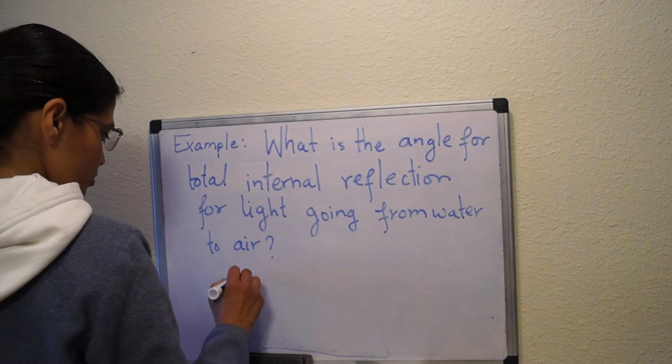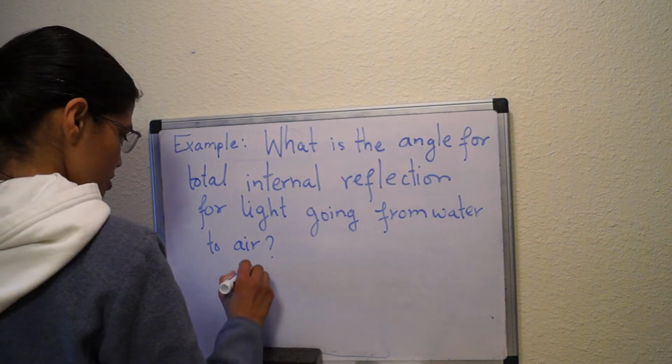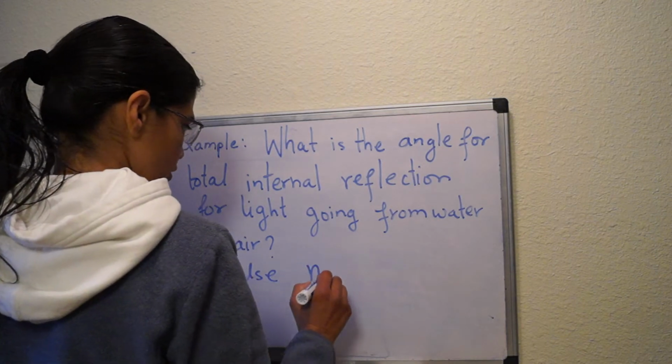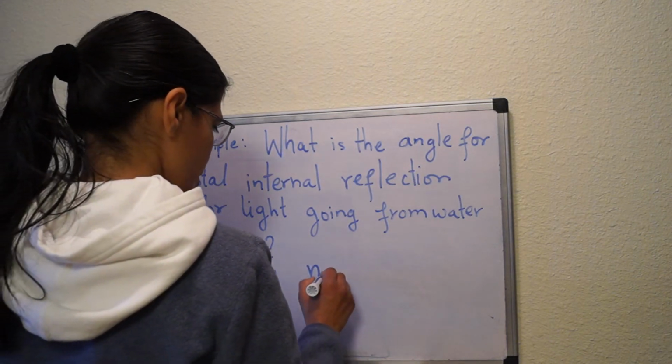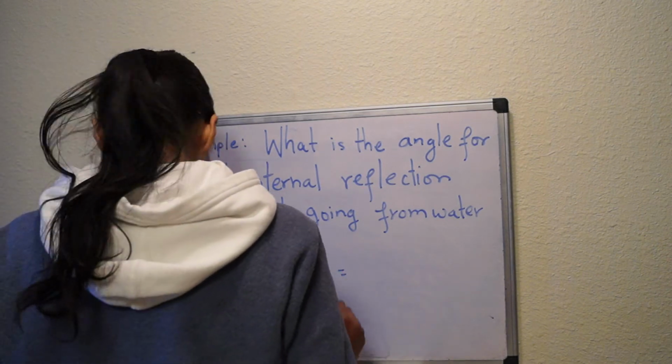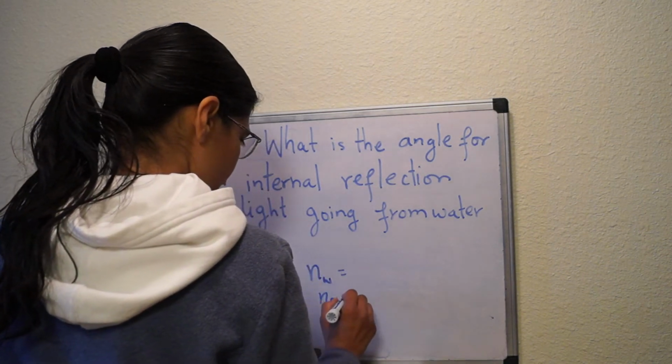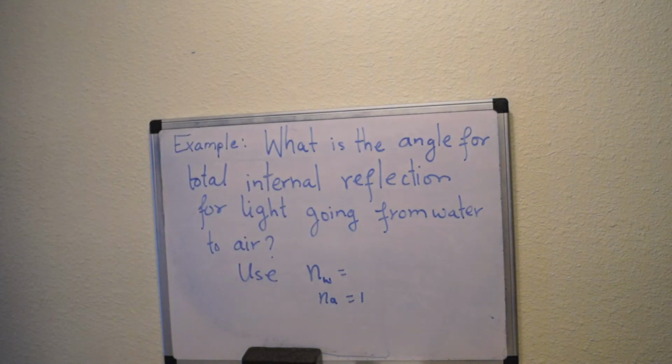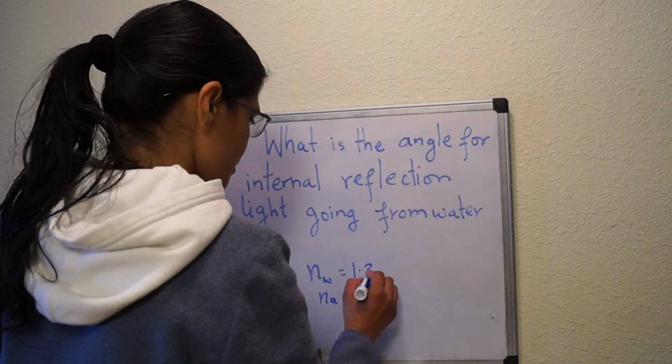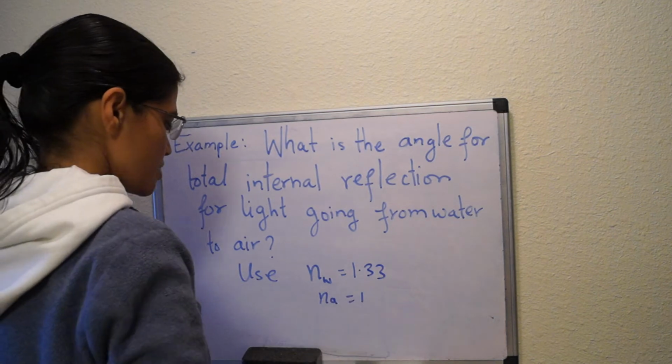Use the refractive index of water equal to, let me check the value, the refractive index of air is just 1. The refractive index for water, let's see, is 1.33. Okay, the refractive index for water is 1.33. So please try working on this.